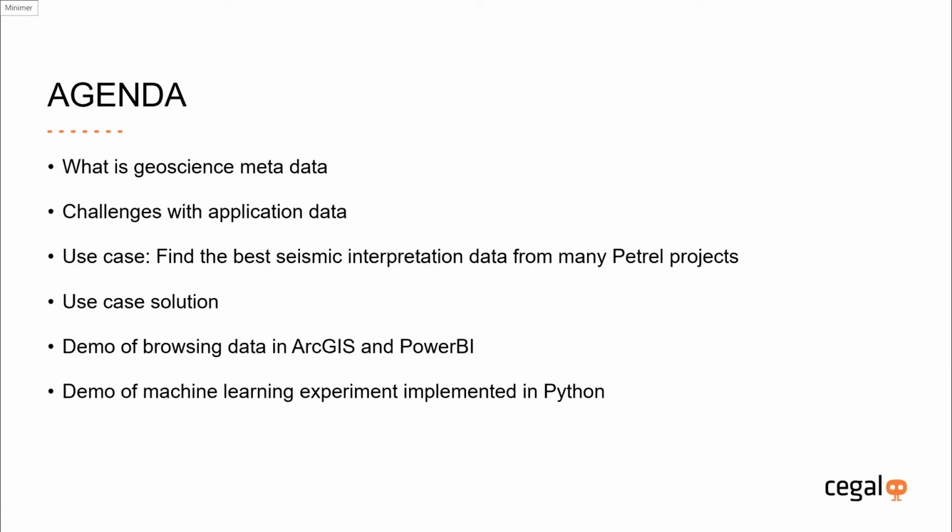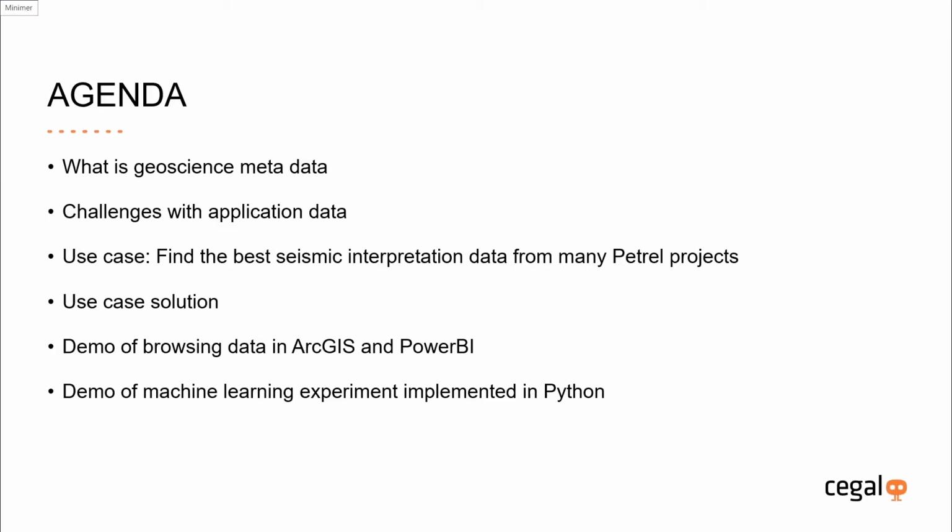So the agenda is to first describe what we mean by geoscience metadata, talk about some of the challenges with that type of data, and then we'll go through a use case where we want to find the best seismic interpretation data from thousands of Petrel projects.